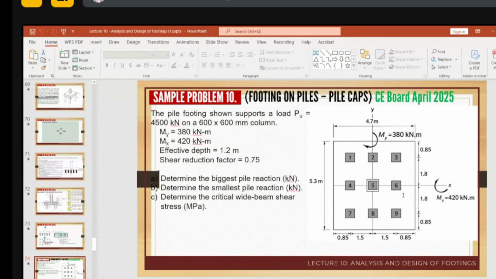So, for example, we have a pile footing with a PU load of 4,500 kilonewton.